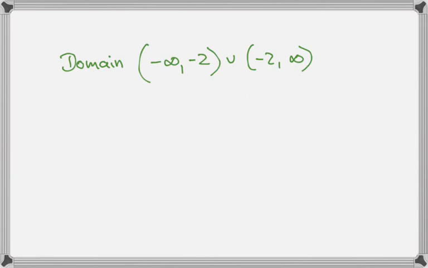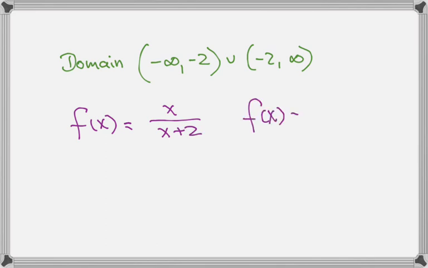How about this one? Last one. The domain is given. Give me a function. X over x plus 2. That is correct. F of x equals 1,567,000 over x plus 2. Why not? I just made that up.